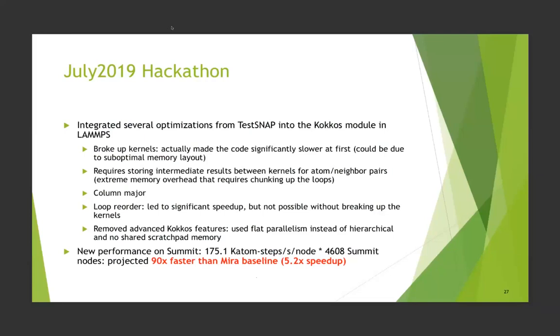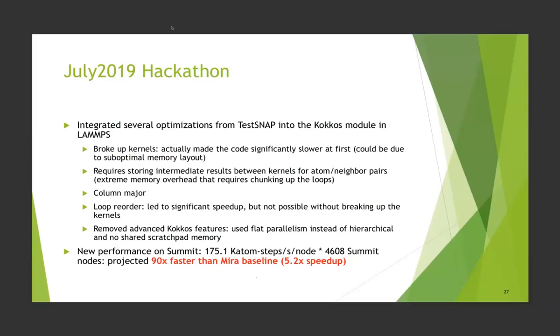And so we had to store a lot of extra memory. And then as Rahul said, it used up a significant portion of the GPU memory. So we couldn't actually run large problems with this new implementation until we chunked up the loop. We would only process 2,000 atoms at a time, and that way we were able to keep the memory cost below the limit of the GPU memory.